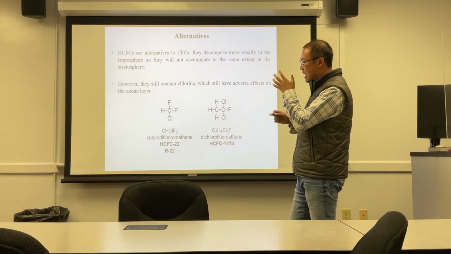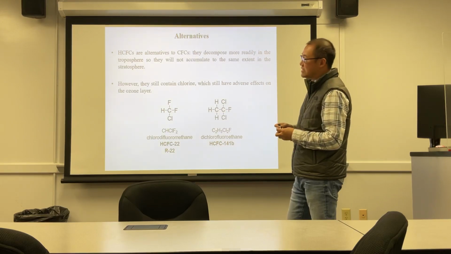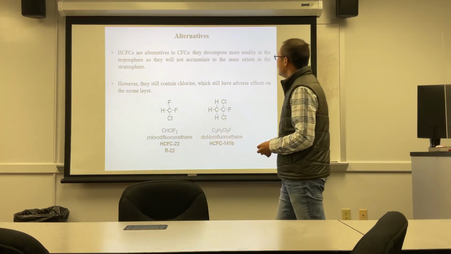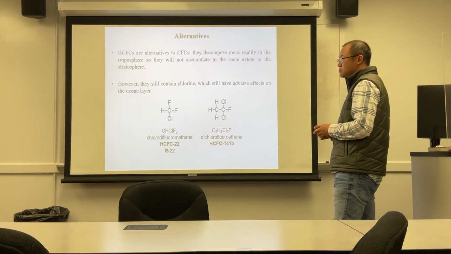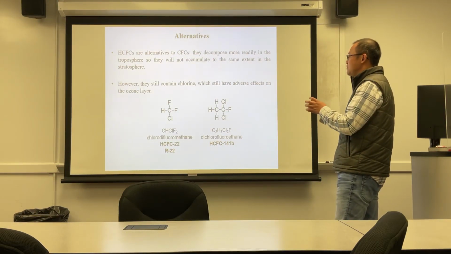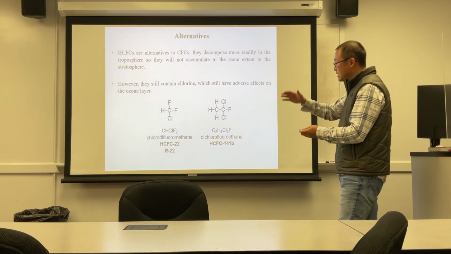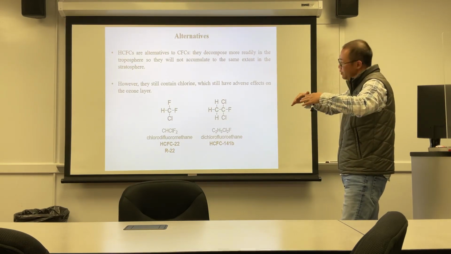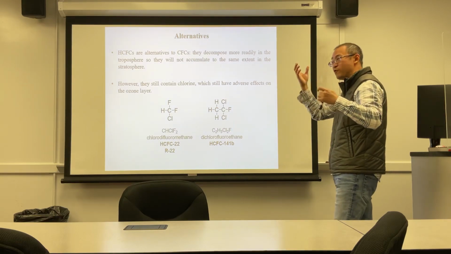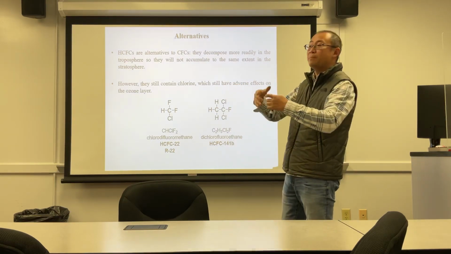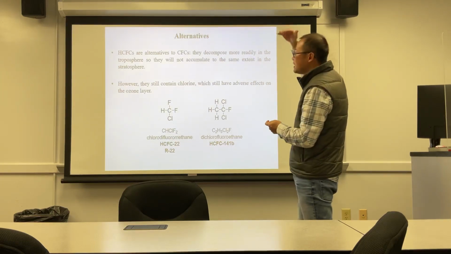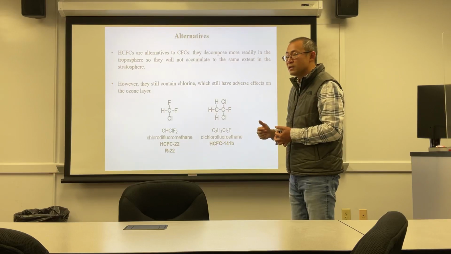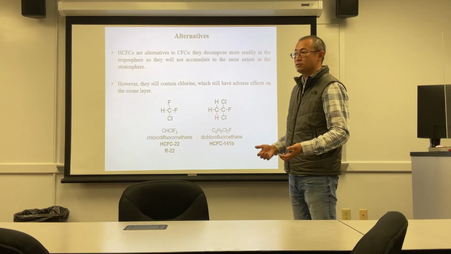HCFCs have one advantage over CFCs because of the presence of hydrogen. They decompose faster in the troposphere, the lower level near the ground. Once they decompose, we know free radicals are reactive, bumping into something else. So they do not accumulate much in the stratosphere to deplete ozone.